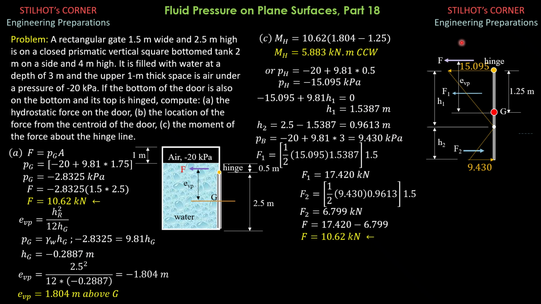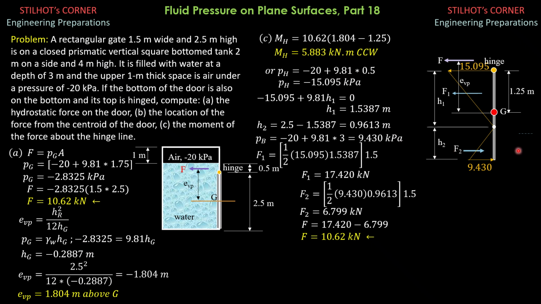Then for the location of the center of pressure, we use Varignon's theorem. F is counterclockwise. So F times this moment arm to G, the center of pressure minus 1.25, that's the moment arm of F, is equal to the moment of F2. Sorry, F2 should be positive.